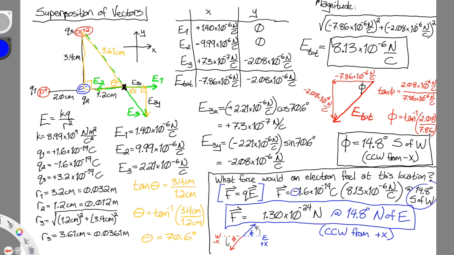That should be everything for this problem. Thanks for watching, and you can expect to see superposition problems plenty of other times throughout this term, but this is a great example, and I can really give you any arrangement of charges as long as you can find the distances and the angles with the values that I give you and the values for the charge.